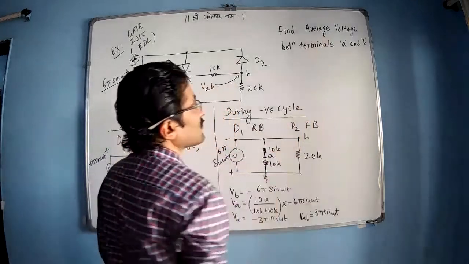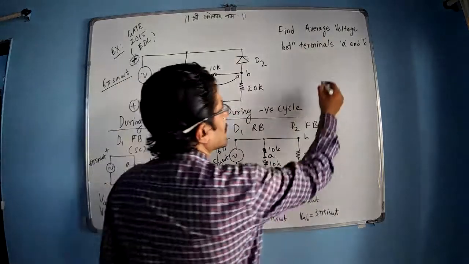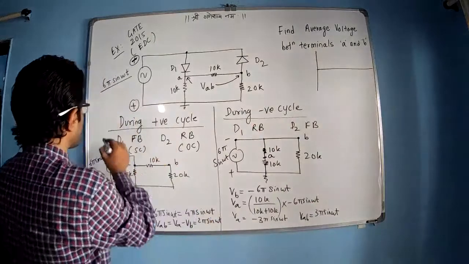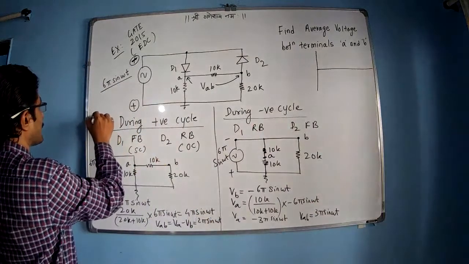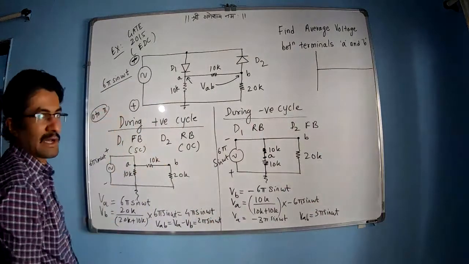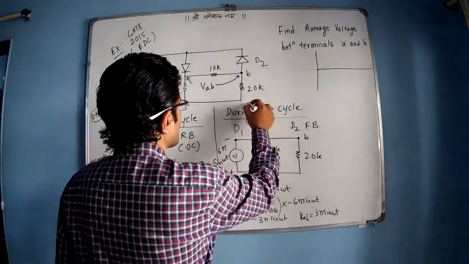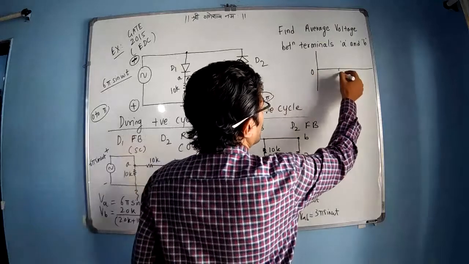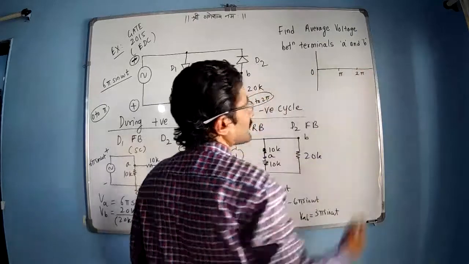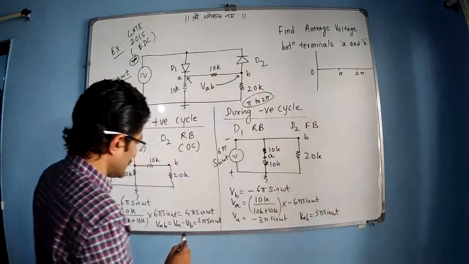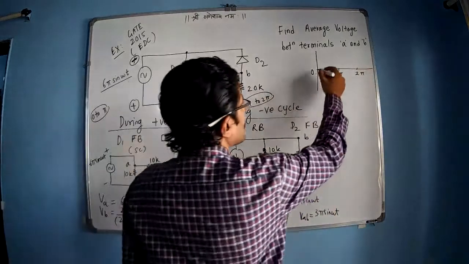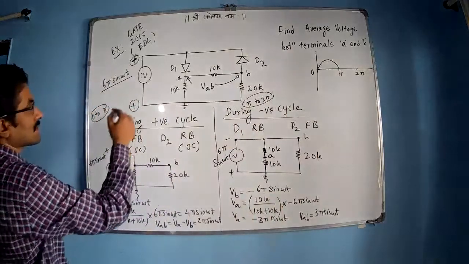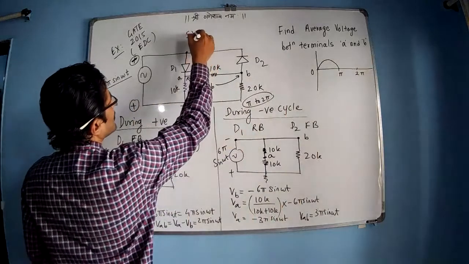Now we want the average voltage between terminals A and B. The positive half cycle means 0 to π, and the negative half cycle is π to 2π. This is 0, π, 2π.